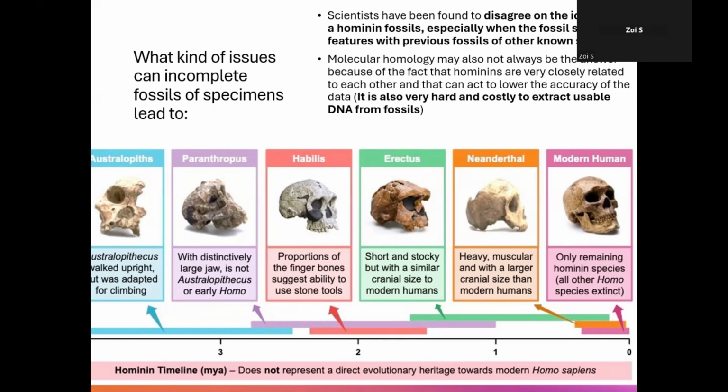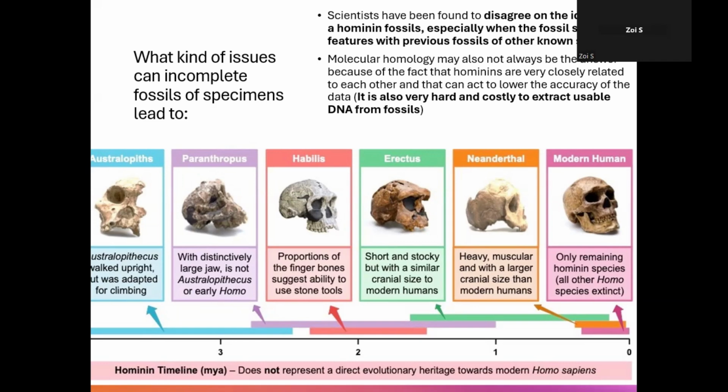And sometimes even molecular homology is not going to be an answer to this question, because when we're thinking about fossils that have been around for many millions of years or thousands of years, molecular homology can't exactly be readily used to find information, because DNA can be very hard and costly to extract from fossils.